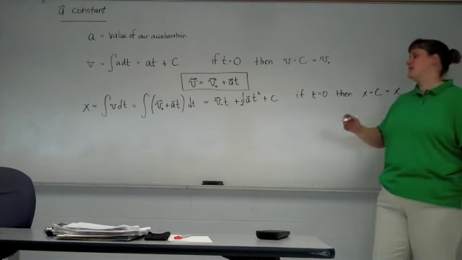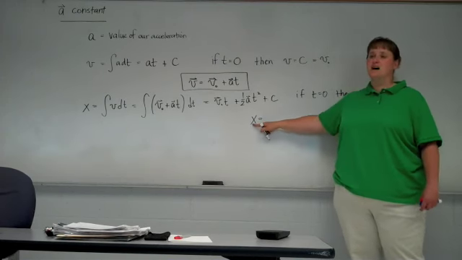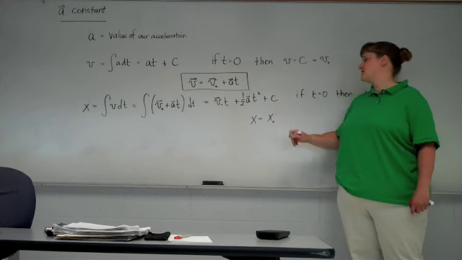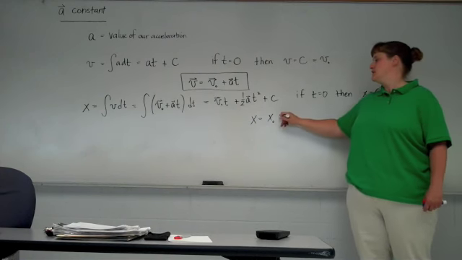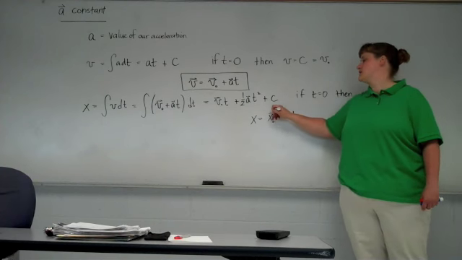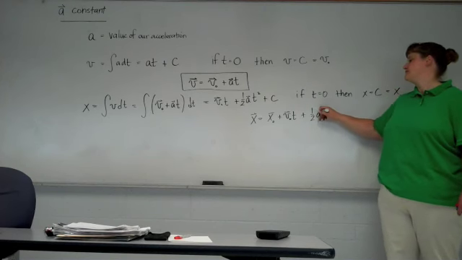So plugging this back in, we get an equation that tells us the position of our object at any point in time. It depends upon the initial position, where it started, depends upon the initial velocity, how fast it was going, and it depends upon the acceleration.